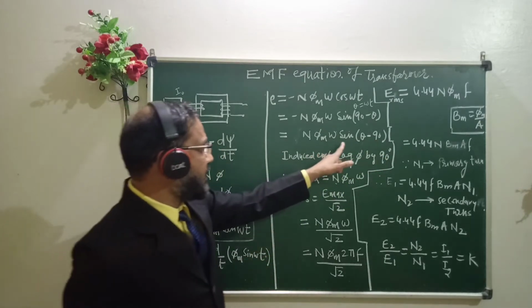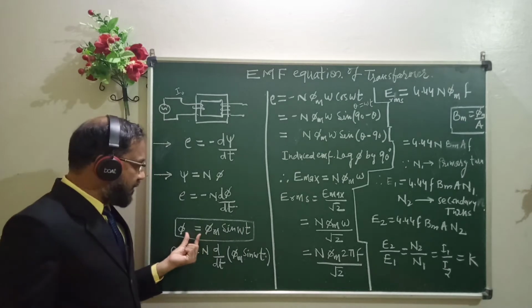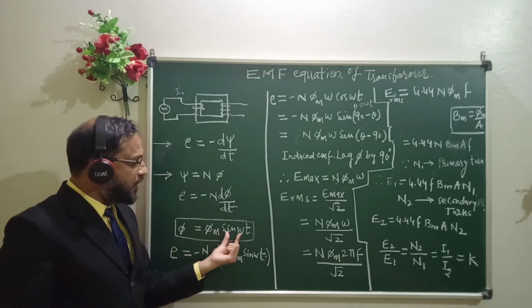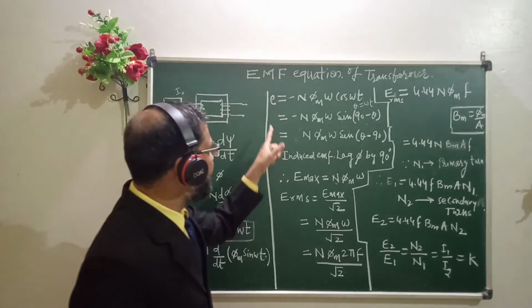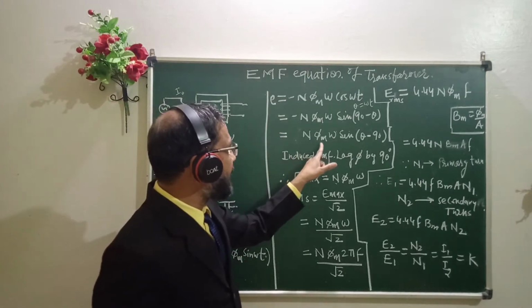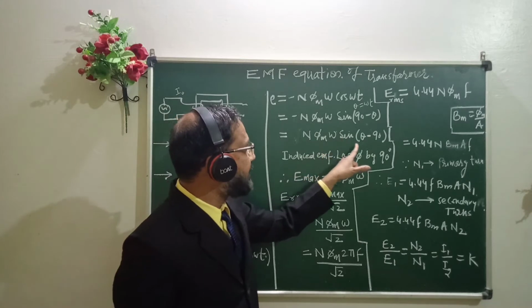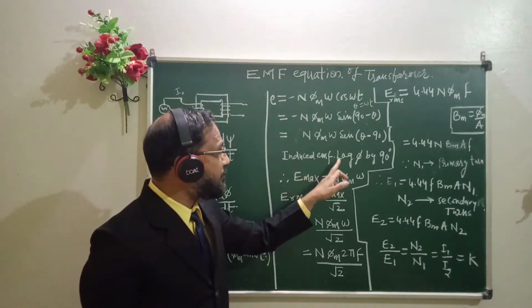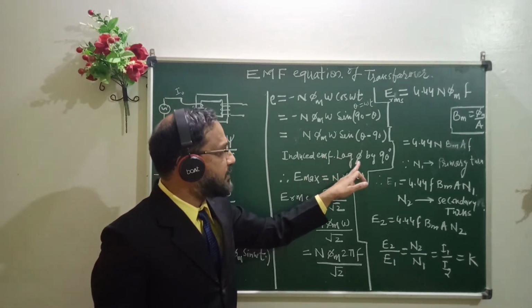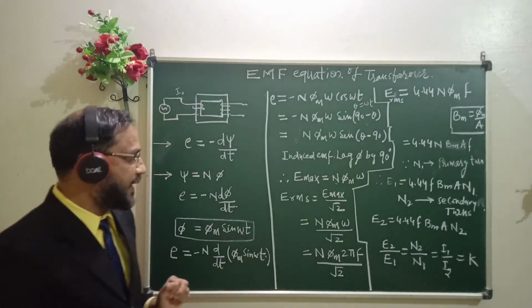If we compare these two equations, phi equal to phi maximum sin omega t is the equation of flux, whereas the equation of induced EMF is N phi m omega sin of theta minus 90. So what is the conclusion here? Induced EMF lags flux by 90 degrees.